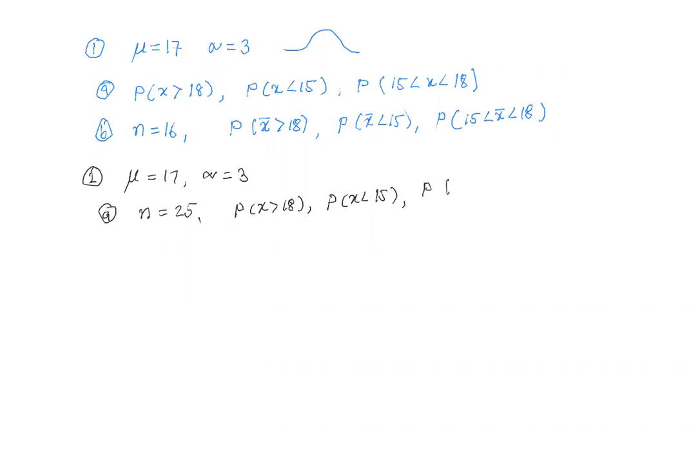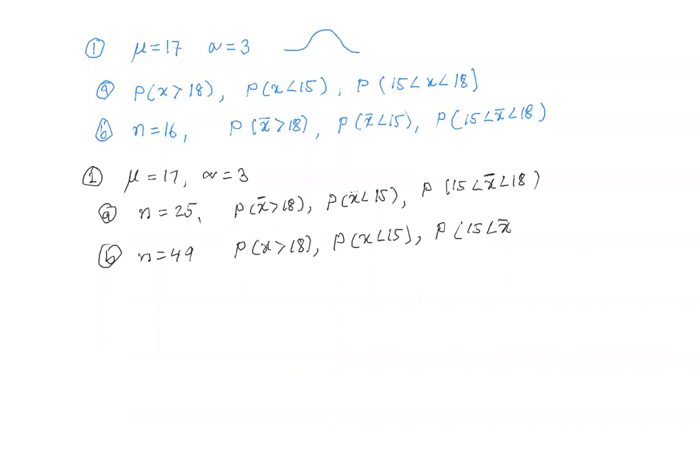Probability of 15 less than x bar less than 18. Part B, for n equal to 49, again answer the same questions. Probability of x bar greater than 18. Probability of x bar less than 15. Oops, I made a mistake here, this is x bar. Sorry about that. Probability of 15 less than x bar less than 18.